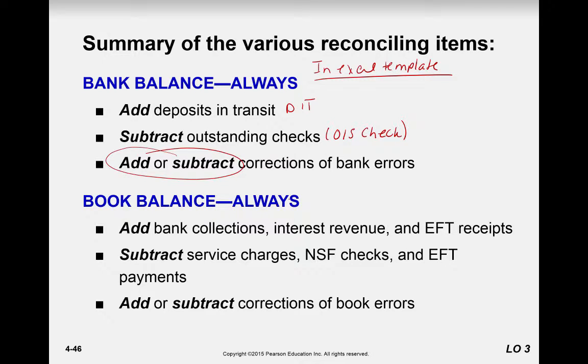Now, in your book balance, you always add collections and revenue items and receipts, but you subtract the service charges and NSF checks, and we'll learn more about NSF checks when we talk about accounts receivable and our electronic funds transfer payments. Again, corrections can be an add or a subtract.